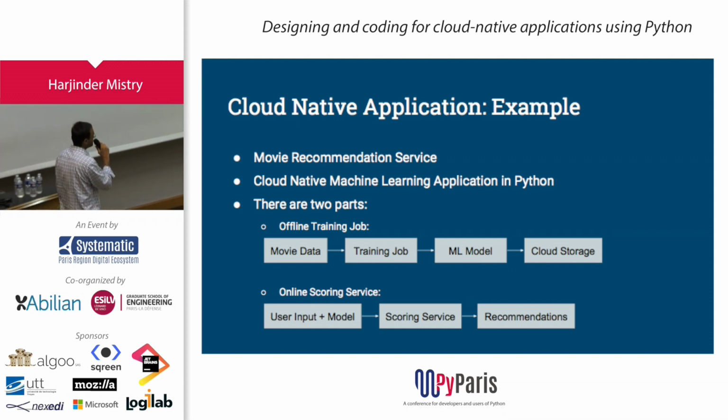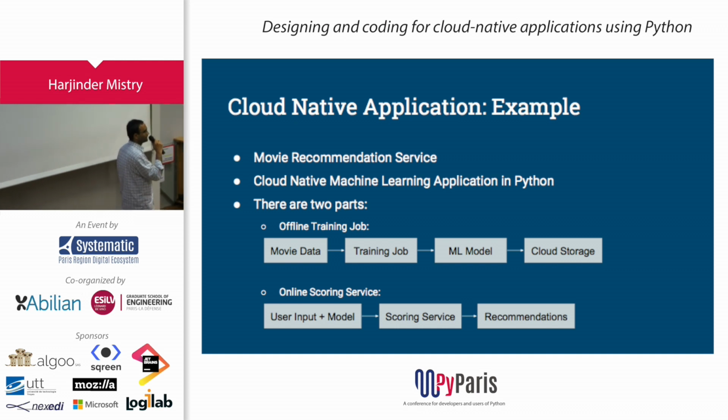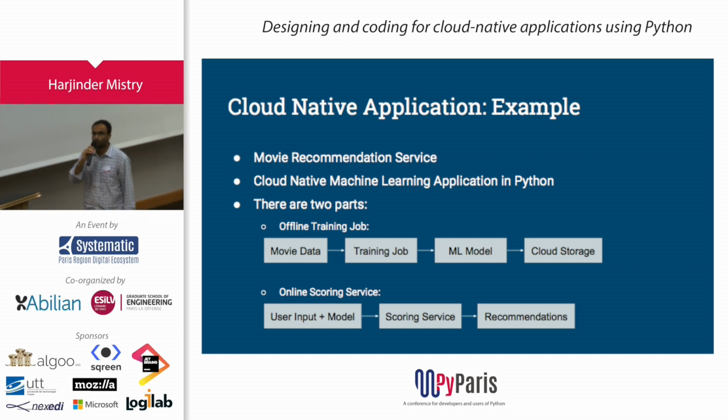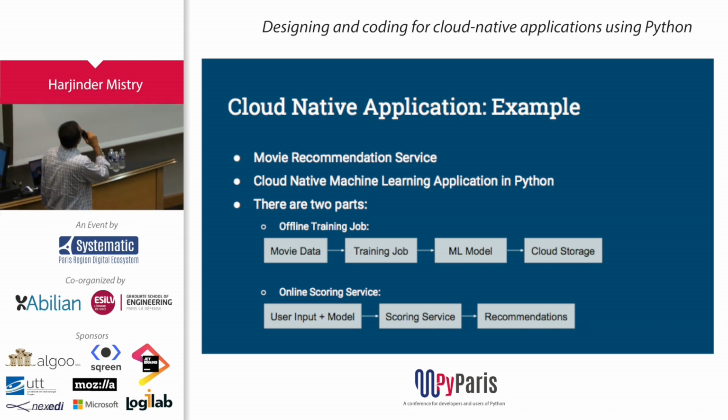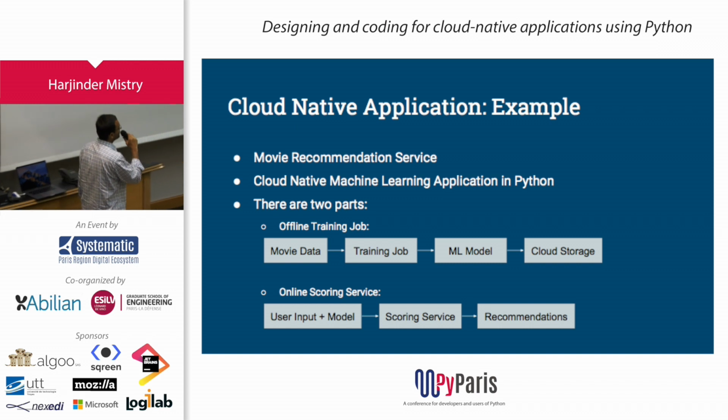Okay, so this is the example cloud native application that we will go through in the coming demo. I have written a very simple hello-world-ish movie recommendation engine, but it's a cloud native machine learning app. There are simply 2 parts.